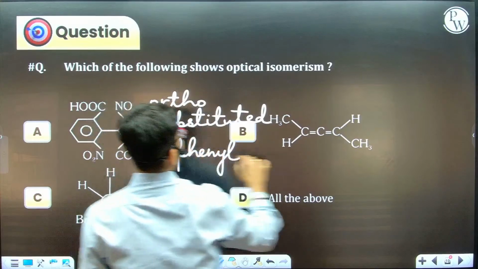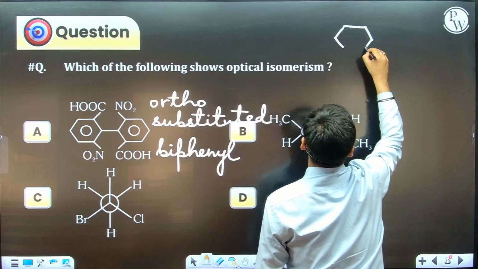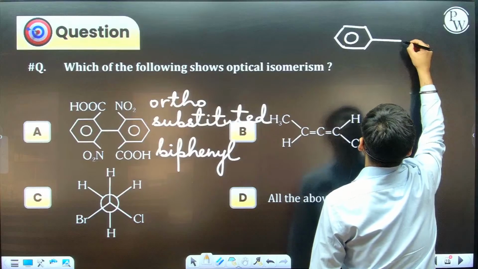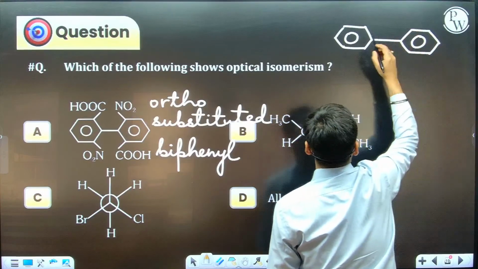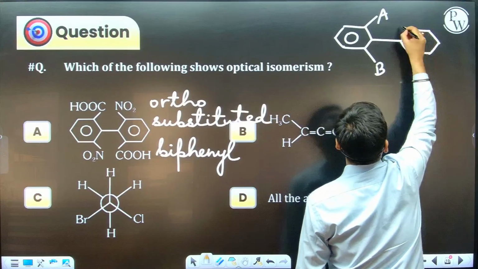Now remember, if you have ortho substituted biphenyl, then it may or may not be optically active. I'm not saying that it is always going to be optically active. So you have to check. Now what do you have to check? Check this way.